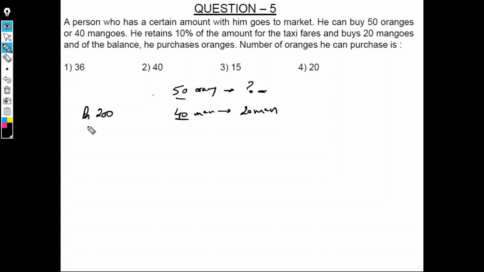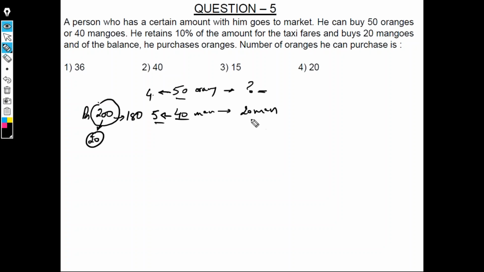So let's assume a person started with rupees 200. So he saved 10%, which is rupees 20 for taxi fares. So now he's having rupees 180 with him. So in rupees 200 he can purchase 50 oranges, which means price of each orange is 4. Likewise, price of each mango is 5.